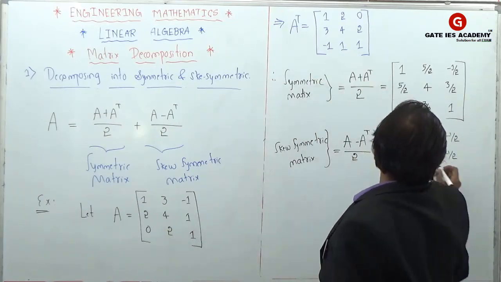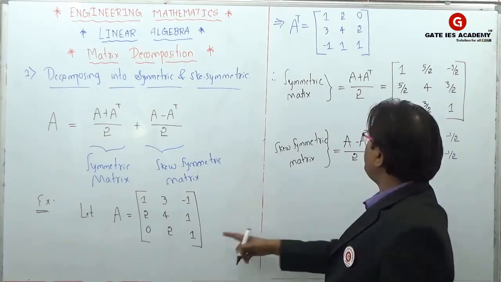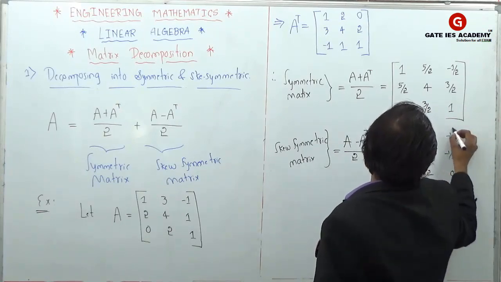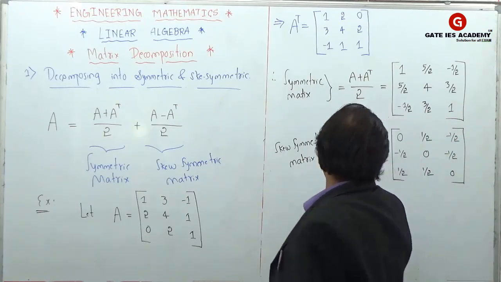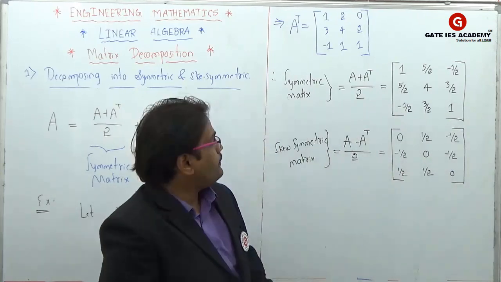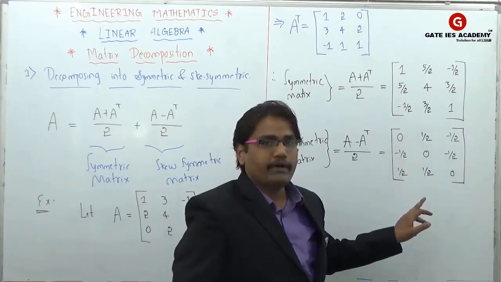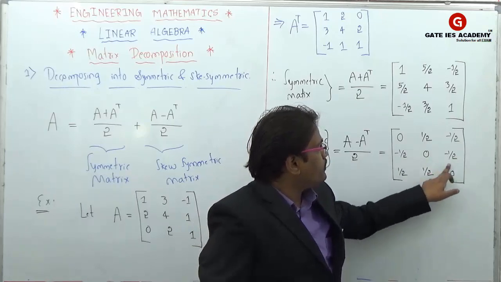And 2 minus 1 is again 1 by 2, and this is 0. So observe this one, this is a skew symmetric matrix: 1 by 2, minus 1 by 2, minus 1 by 2, 1 by 2, 1 by 2, and minus 1 by 2.